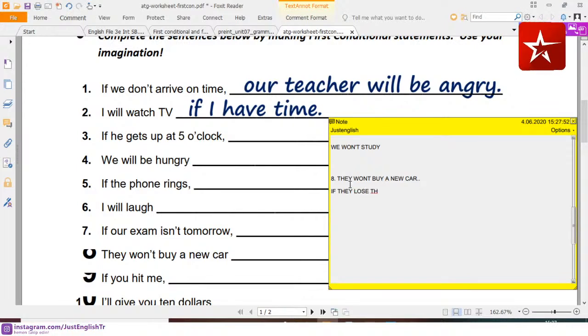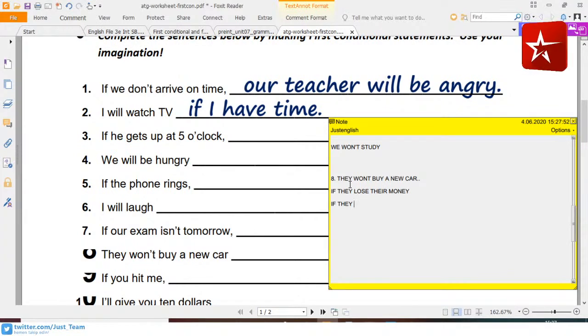If they lose their money, yes, that is a correct answer. If they lose their money, they won't buy a new car, or if they don't save money. Yes, that is the correct and logical answer.